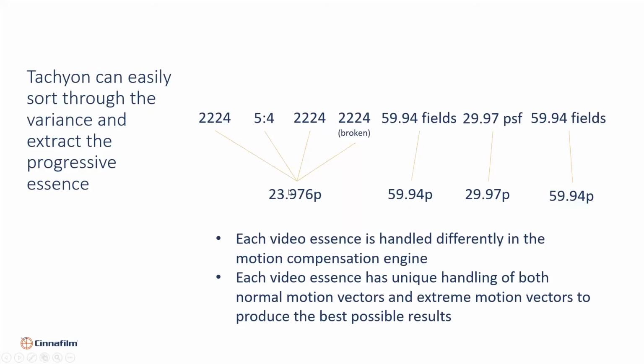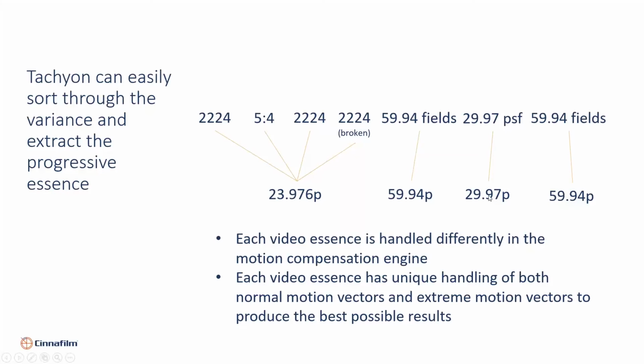The less motion data I have, the more I have to be judicious with how I'm applying the motion vector data that we've collected. 29.97p is kind of a middle road thing. I can go a little bit higher on frame rate, a little bit lower on frame rate. Not many issues there. But it's something unique that you have to handle differently.